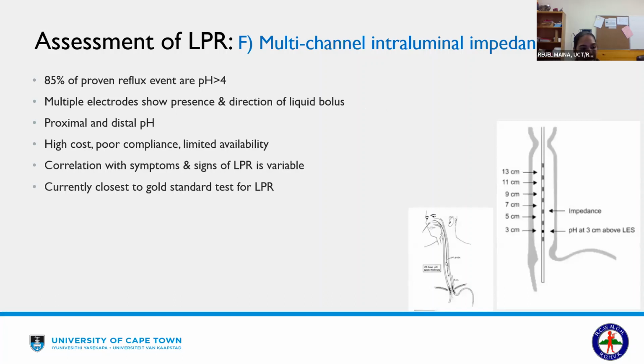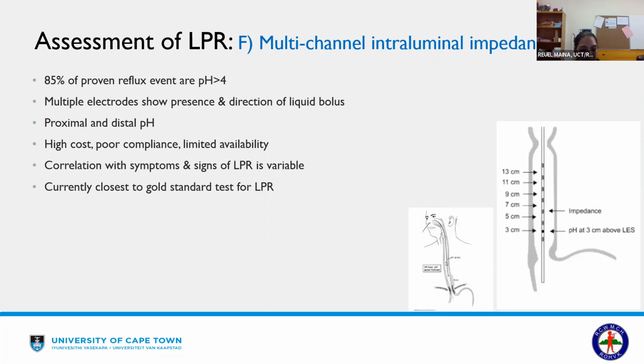Another entity that can be used is multi-channel intraluminal impedance testing, where they look at different areas within the esophagus and measure the pH and also the resistance within the esophagus as the food bolus goes down the esophagus.